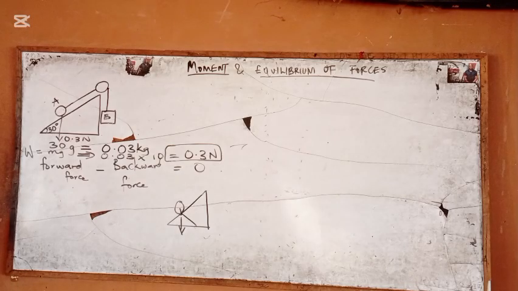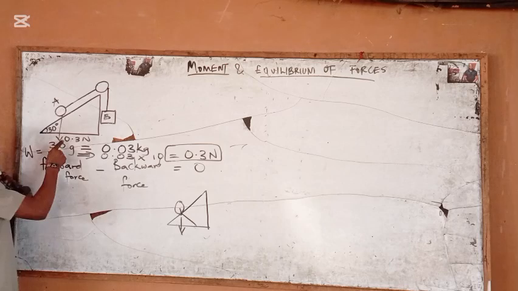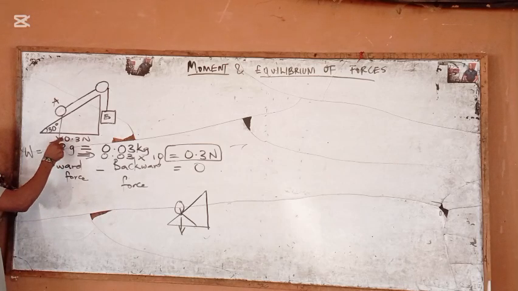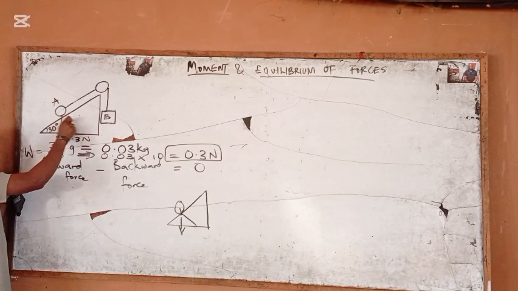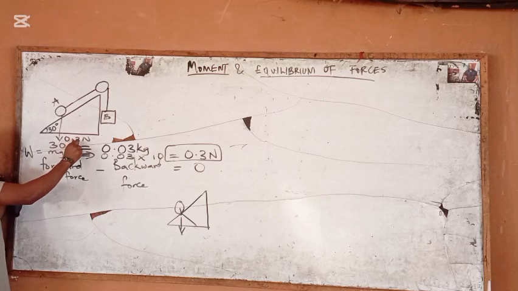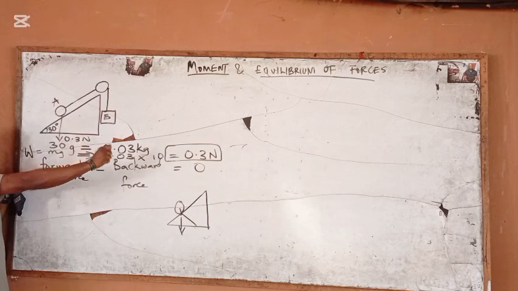So remember that I told you that anytime you have an object on an inclined plane, instead of stressing yourself, you should simply take it that y is equal to cos theta and x is equal to what? Very simple. And remember that this particular thing I'm taking now is 0.3. If I'm taking it to the y-axis, it becomes 0.3 cos theta.